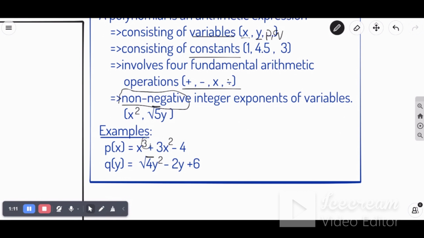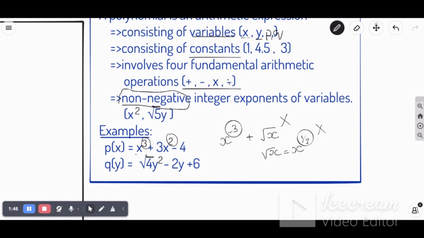See here, you have got only 3, 2. Suppose it has minus 3, or suppose you have root of x, which is the same as x power 1 by 2. These are not non-negative integers. One is negative, and the other is not an integer value, it is a fraction. So all these are not polynomials.